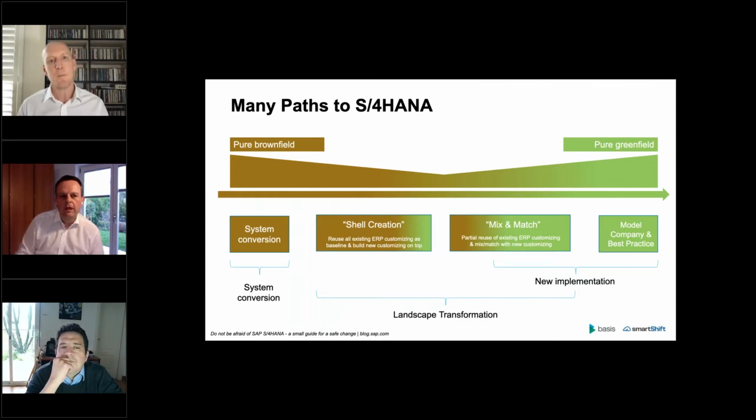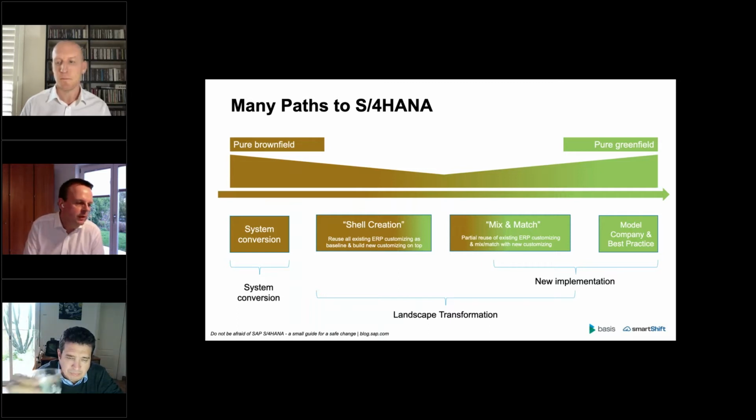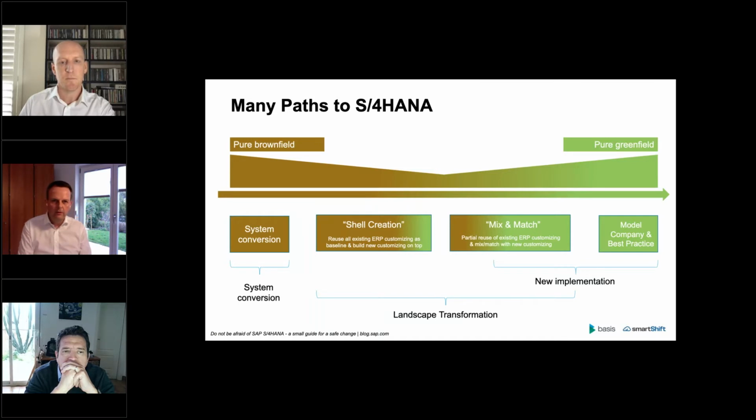Yeah, as we see on this slide, there's obviously the classical brownfield approach and greenfield approach, with both having their benefits. Pure brownfield tends to be seen as a technical path to getting to S4HANA in a faster way. On the other hand, the greenfield approach gives more optionality when it comes to business harmonization and business process re-engineering. And then there are a lot of other flavors, as you see, also driven by some players in the market.